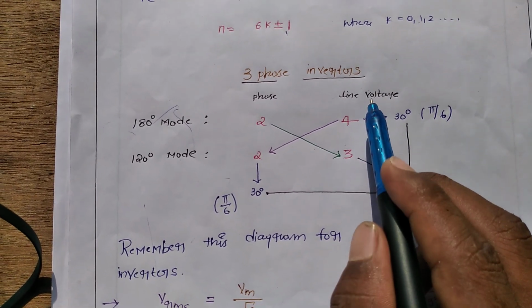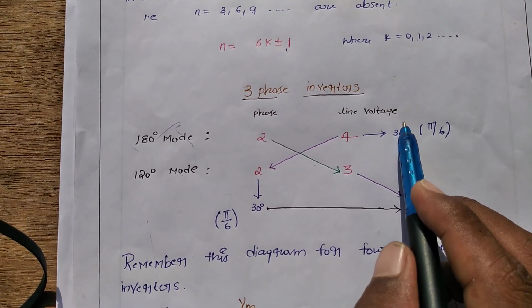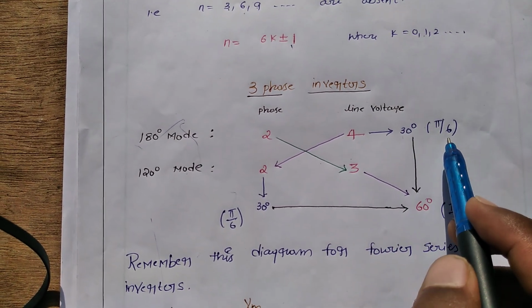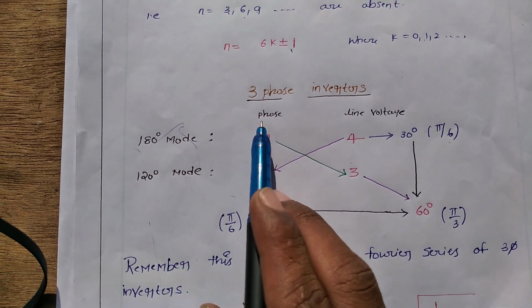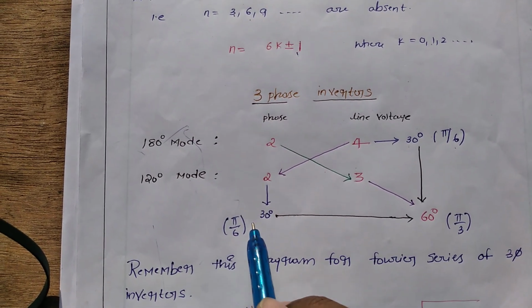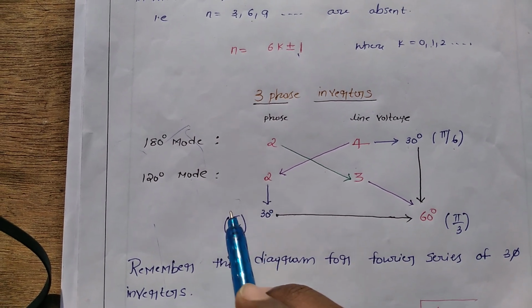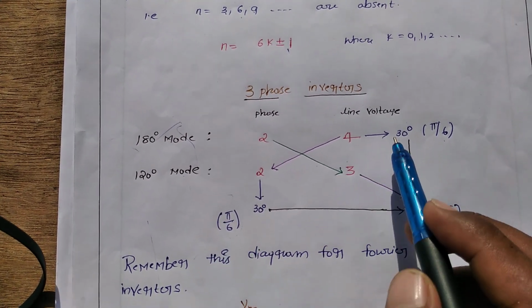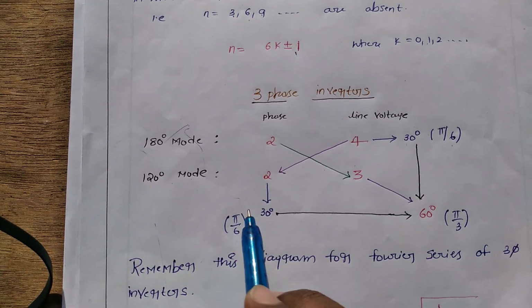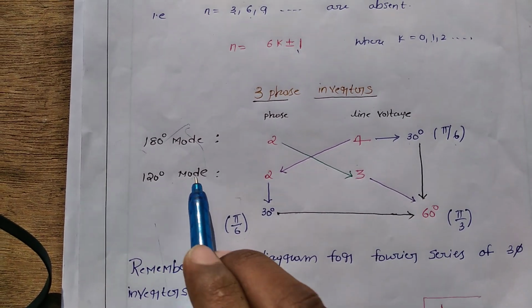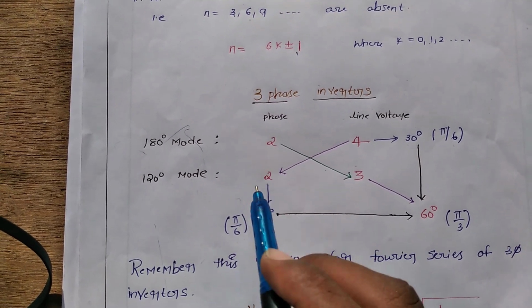Here, for line voltage you have the 30 degrees phase shift, 30 degrees means pi by 6. And in the 120 degrees mode phase voltage you also have the 30 degrees phase shift, that is pi by 6.